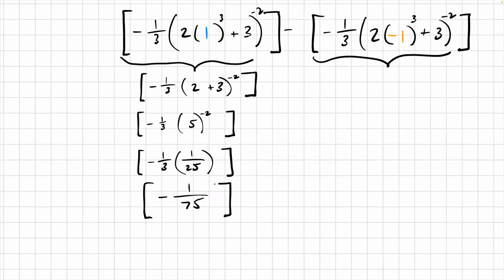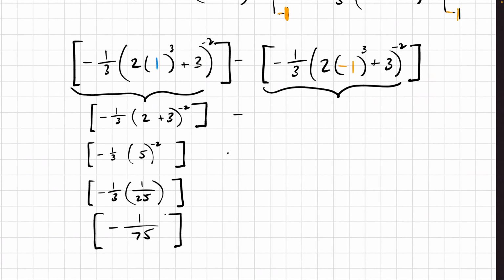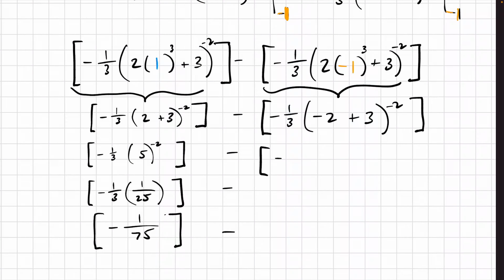Okay, now let's go to the other side. Now both sides are the same, I just plugged in a different number. Negative 1/3. Negative 1 cubed is negative 1. So times 2 is going to be negative 2. Negative 2 plus 3 is 1.